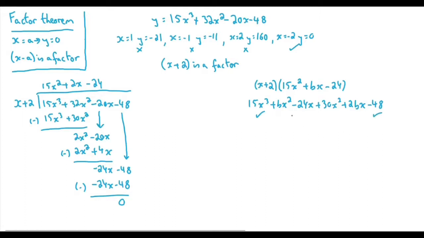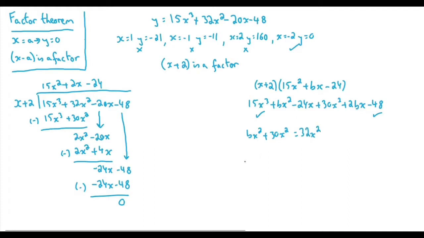Minus 48, check. Bringing now together the like terms, you'd have bx squared plus 30x squared. Given that these expressions are supposed to be the same as each other, this must be the same as the x squared term from here, so the 32x squared.